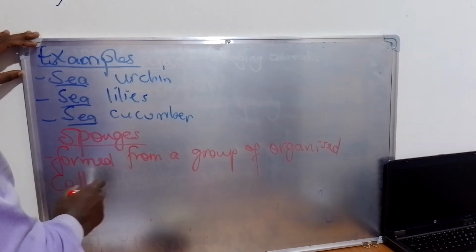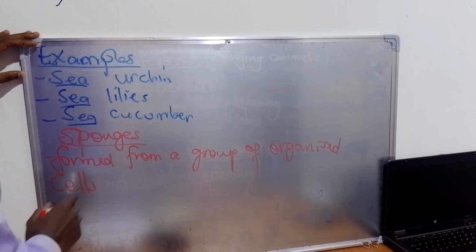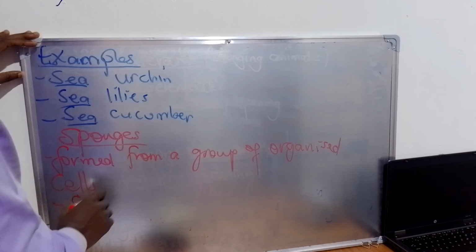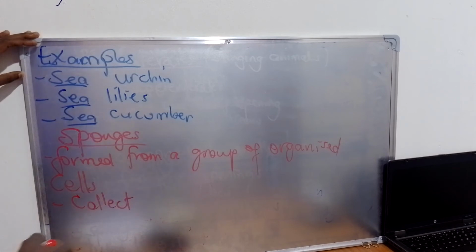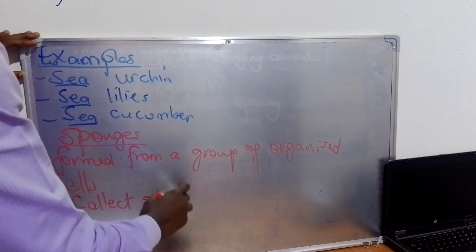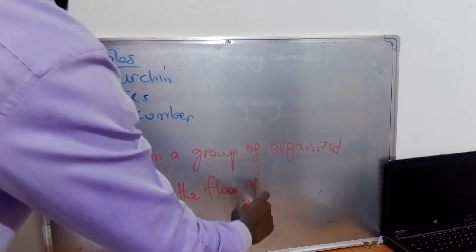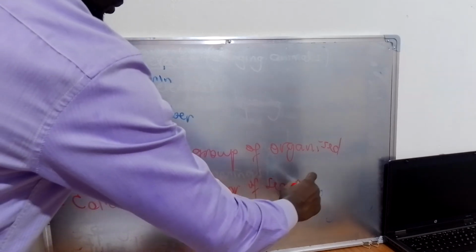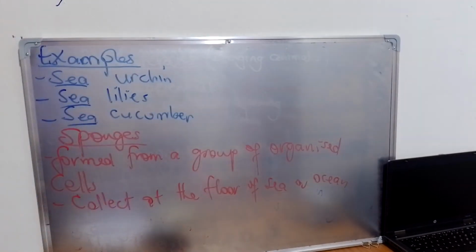These cells collect at the floor of a sea or ocean. After they have collected there, they form an organism.